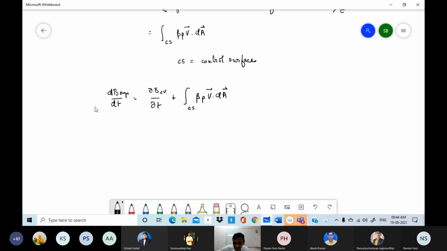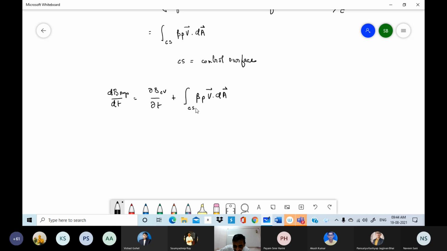So to the system I can apply it. If capital B is the mass, then the mass of a system remains constant. So dB control volume, dM control volume by dt must be equal to this integral over the control surface, where if my B is mass, then beta is the mass per unit mass, which is unity.